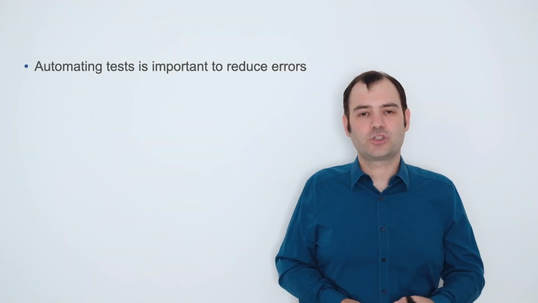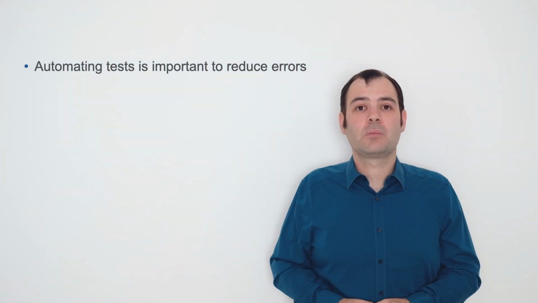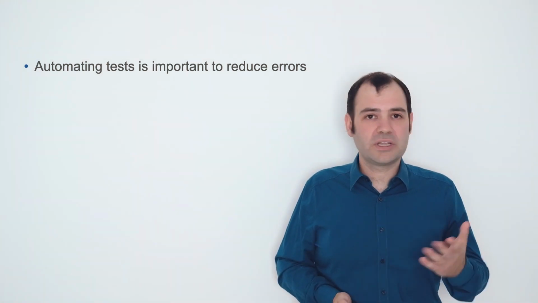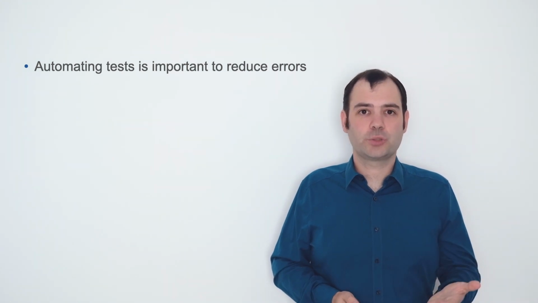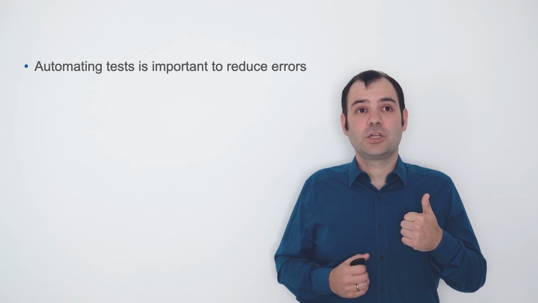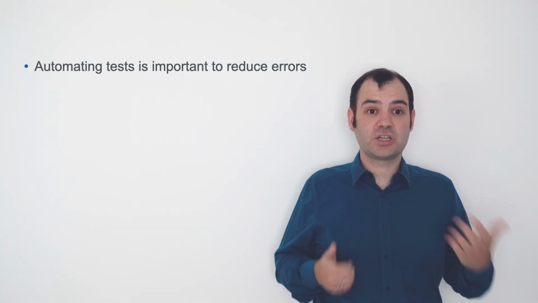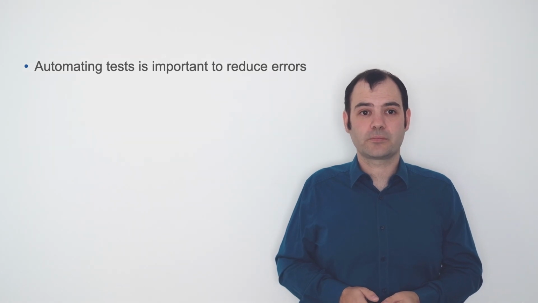And with this, I want to sum up today's video. I showed you that automating tests is important to reduce errors. Please don't always perform them by hand, but just automate it. It's an effort you make once, but you can get rid of doing this repetitive task each and every time you change your code.